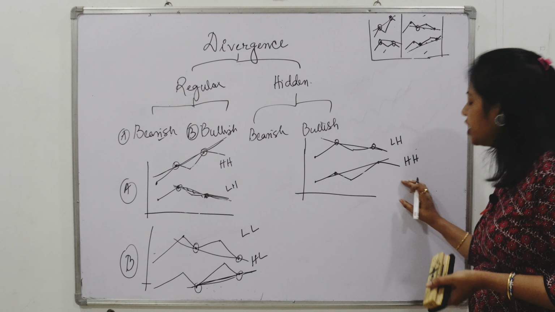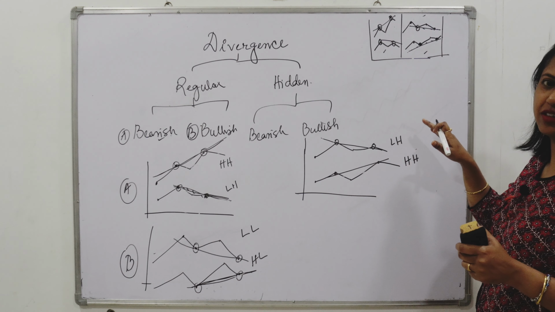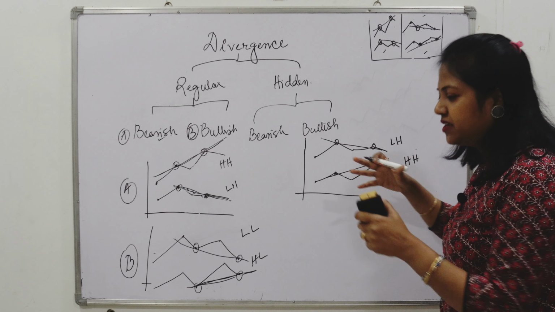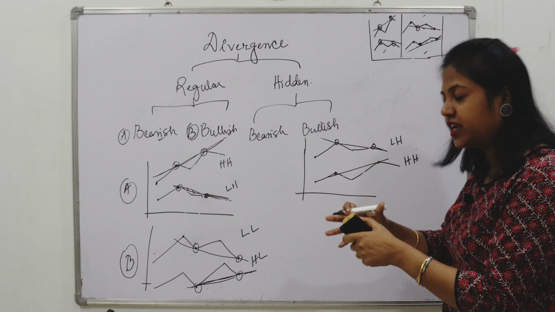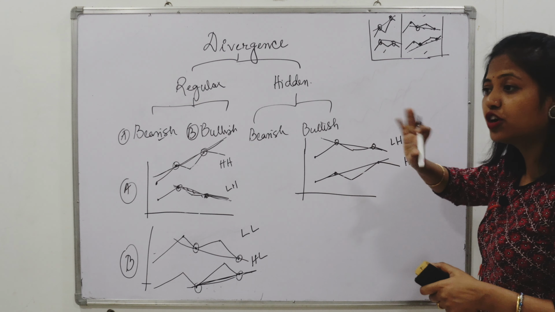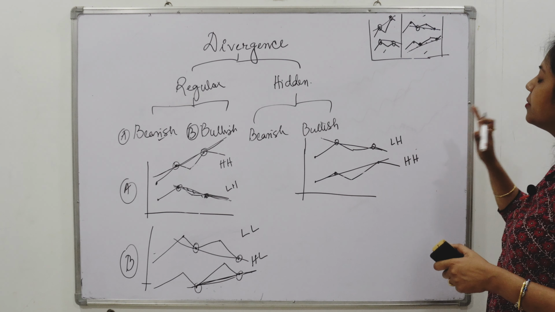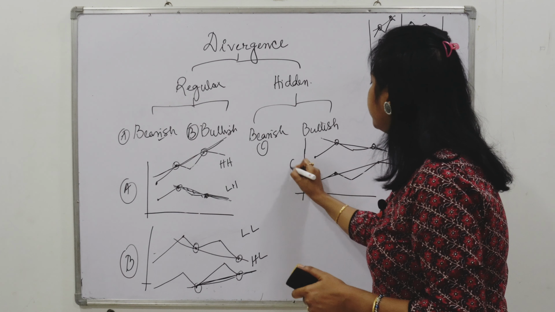Though the strength is weakening, the price fails to rise, rather it falls. The momentum has weakened, but the price does not increase, rather it falls. So this is a hidden bearish divergence.